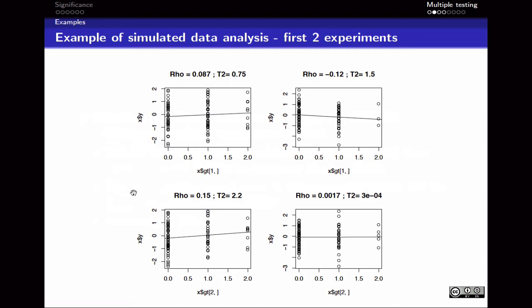Here are the results from my first simulation experiment. For the first SNP I obtained a coefficient of correlation between the SNP and the phenotype of 0.087, which gives me a score test of 0.75, and for the second SNP I have a score test of 2.2.